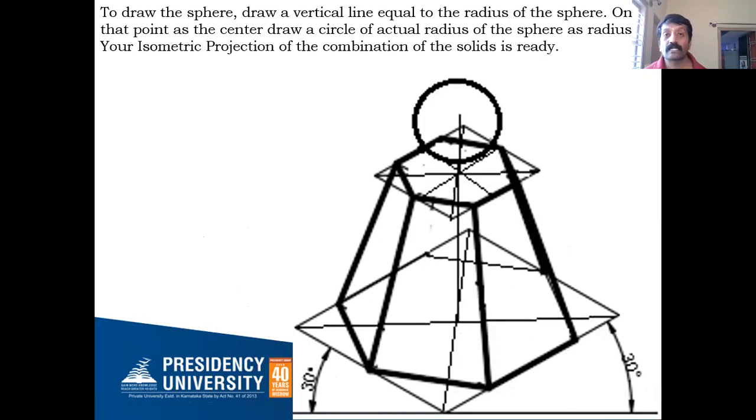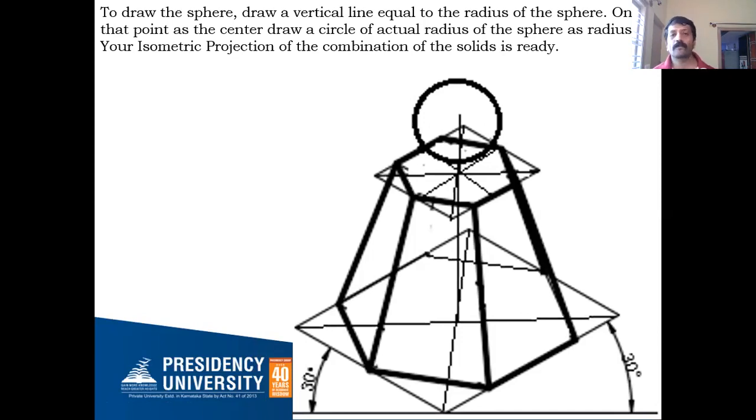From this as the center, you have to take the actual radius of the sphere and draw a circle like this. If you draw this, this completes the isometric projection of the combination of solids, where the frustum of a hexagonal pyramid is the base solid and above that the sphere is placed.